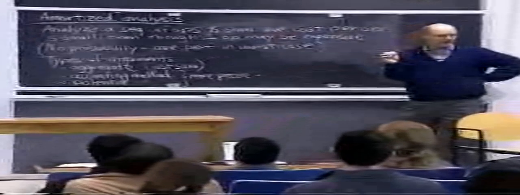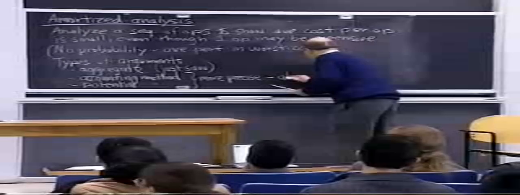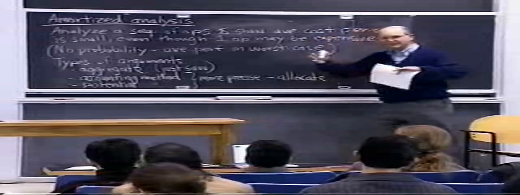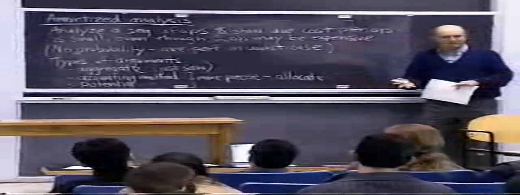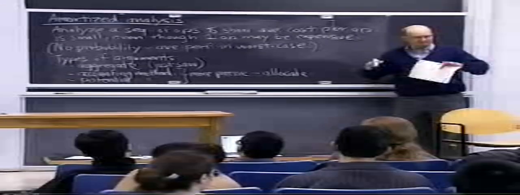Whereas the accounting and potential methods let us assign specific costs to individual operations. And that turns out to have a big advantage in the encapsulation of the performance attributes of a data structure.